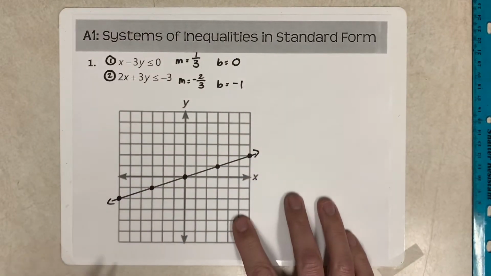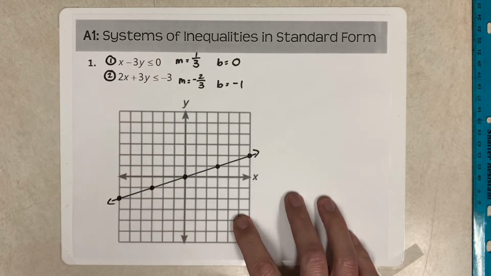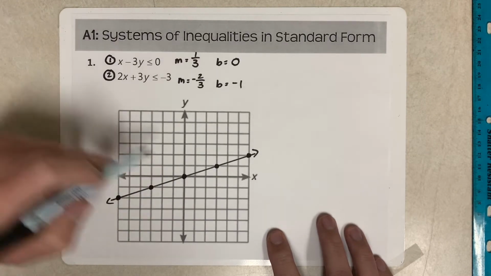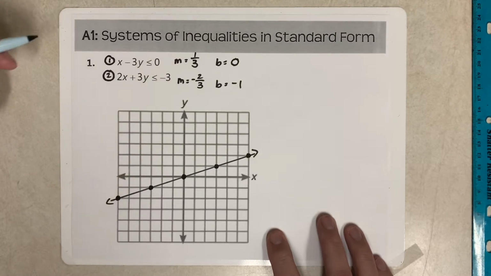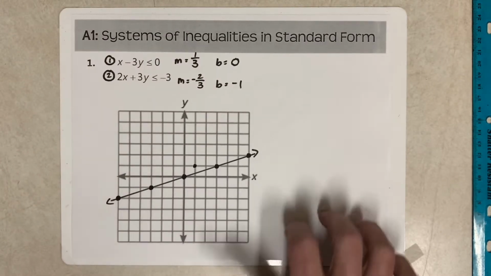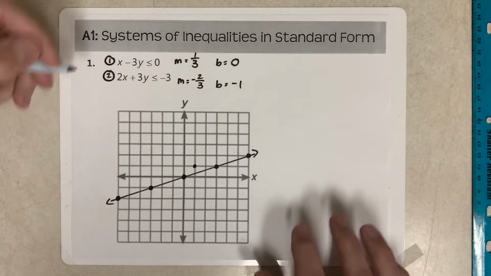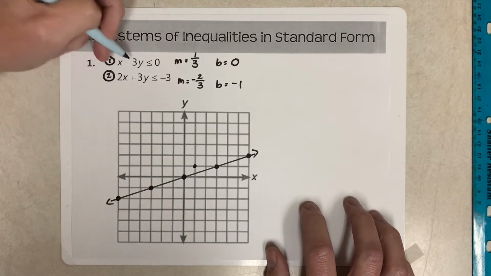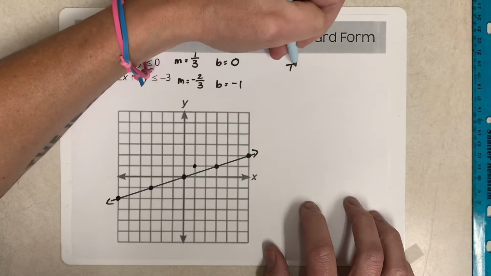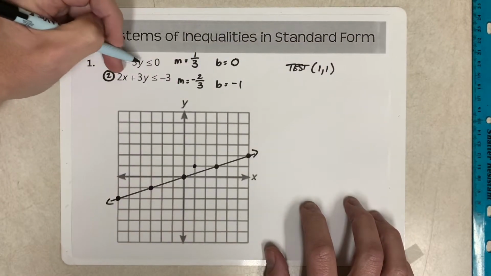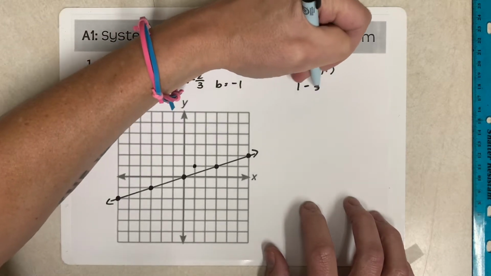Okay, and now we need to decide which way to shade. Do we shade above or do we shade below? So we need to pick a test point. The easiest test point to pick is the origin, but the boundary line goes through the origin, so I can't pick the origin. I'm going to pick 1, 1 and see if it works. So we're going to test 1, 1 in this inequality. 1 minus 3 times 1.